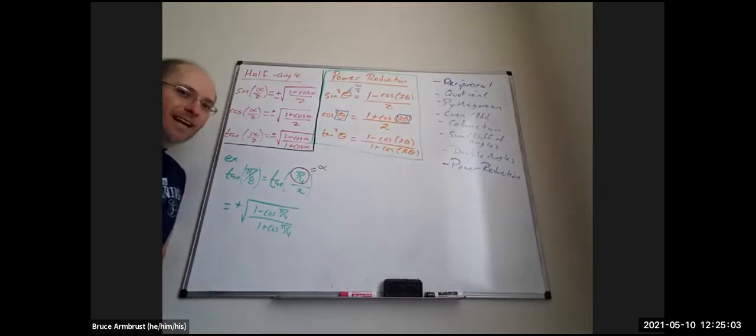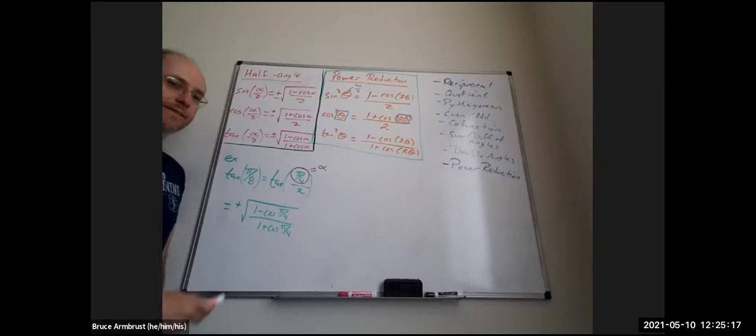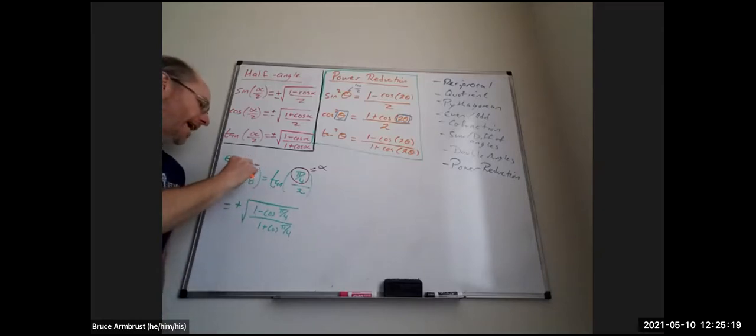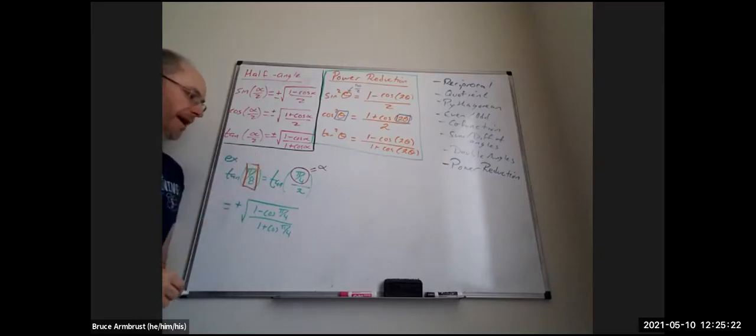Okay, so how did I know that? How are you going to know that when you're doing it? How do I know that that's actually the plus? Well, it comes down to quadrants. Look at the angle that we're putting into tangent, pi over 8. What quadrant is pi over 8 in? It will help if it's in degrees, 22.5 degrees.